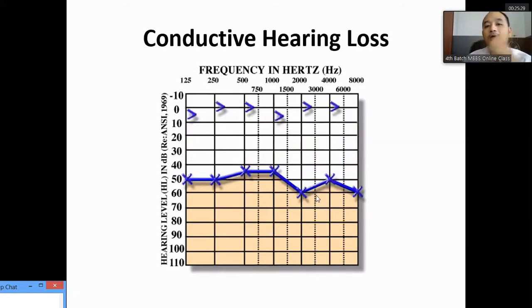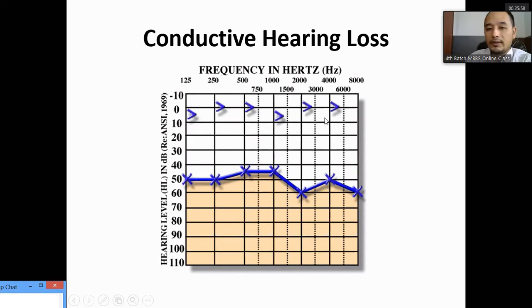Now conductive hearing loss. Let's see the air conduction of the left ear: at 125 hertz it is 50 decibel, at 250 it is 50, at 3000 it is 60 decibel. So air conduction is much below the level of the normal hearing threshold. But the bone conduction of the left ear, this unmasked bone conduction, is normal.